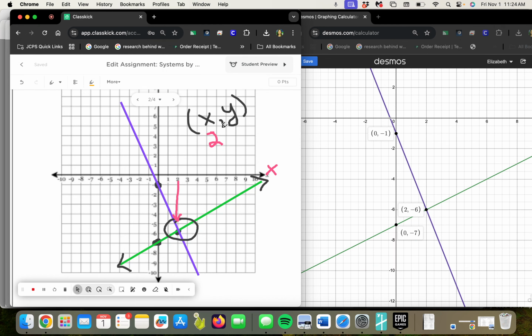And then my y coordinate lines up right here at -6. So my solution is 2, -6 for my final solution right here.